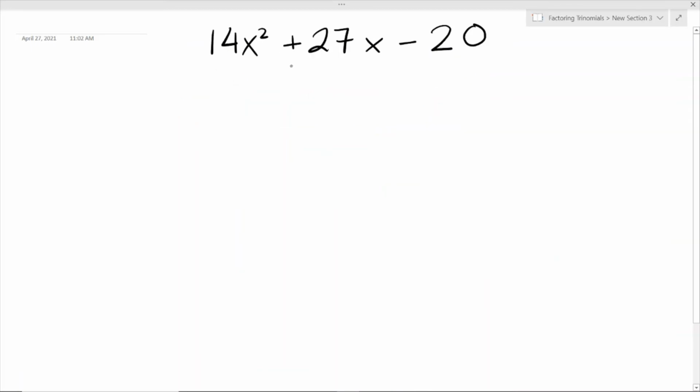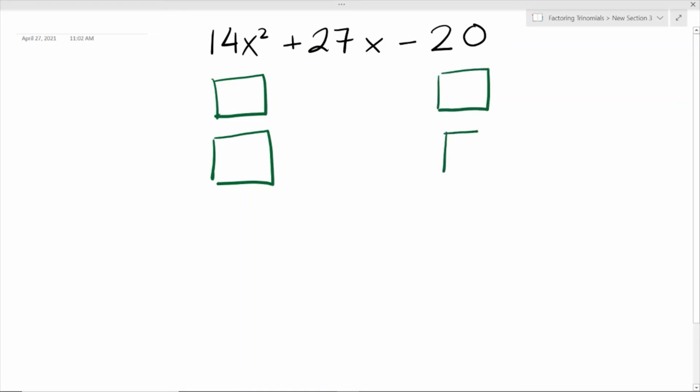Alright, so now for a question that looks something like this, right? We can't really factor anything out of all of these three terms. So from here, we're just going to start that method I showed before, making these boxes, right? So a box here, a box here, a box here, and a box here.